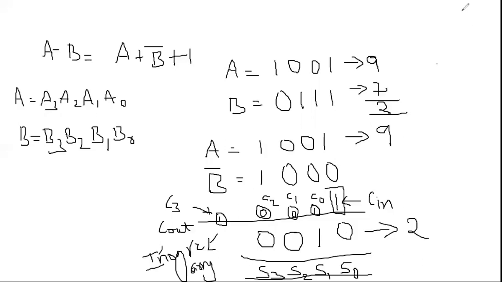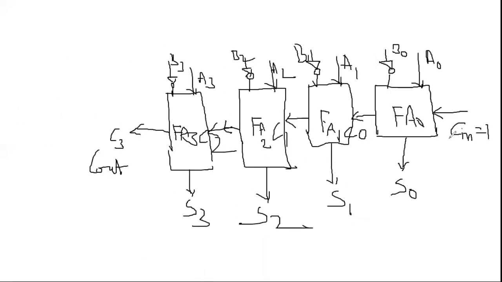For the subtraction operation Cin is always 1, and for the addition operation Cin is always 0. Following, my dear students? B only we are converting into the ones complement and adding 1 to the LSB bit. Adding 1 to the LSB bit means the Cin is 1 only. You can take any example.